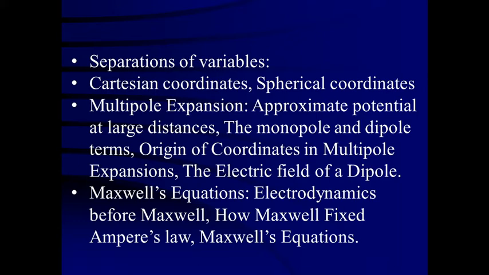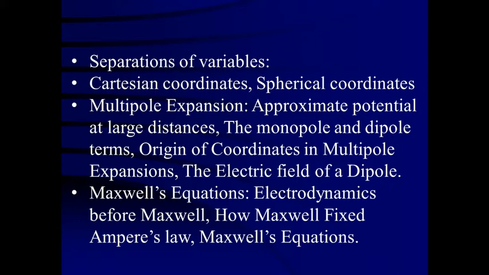Then the fourth topic, 3.4, is multipole expansion. The subtopics are approximate potential at large distances, the monopole and dipole terms, origin of coordinates in multipole expansion, and the electric field of a dipole.